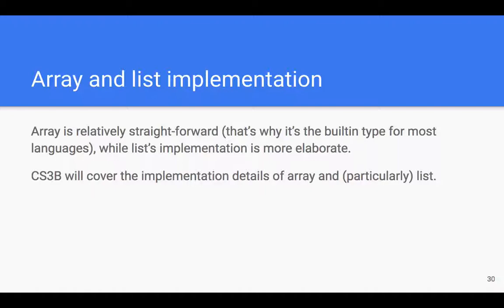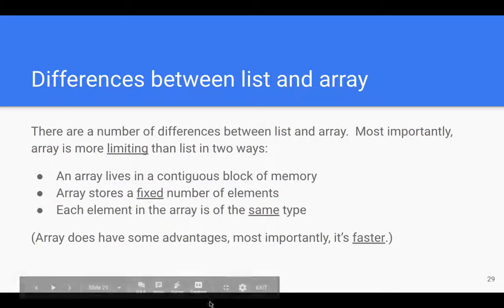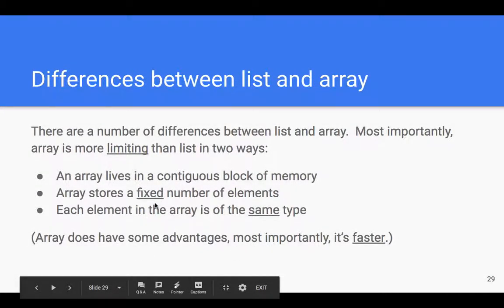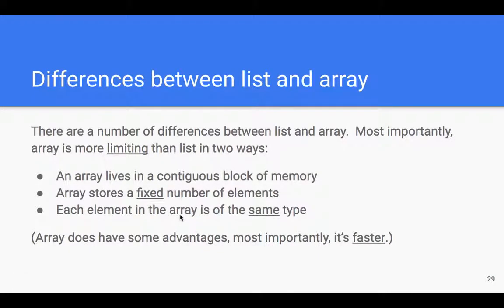Because array is not a built-in type in Python, I'm not going to show any code. We can basically use list as an array if you adhere to these couple of limiting factors.